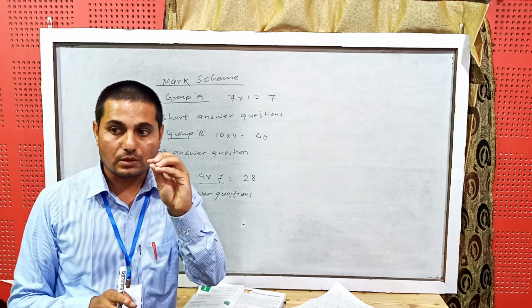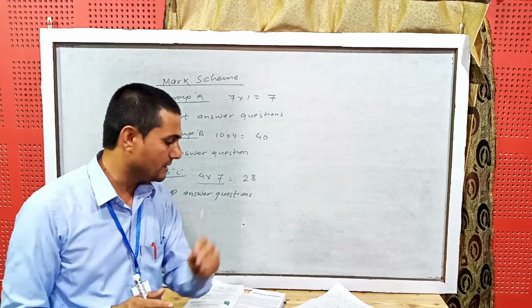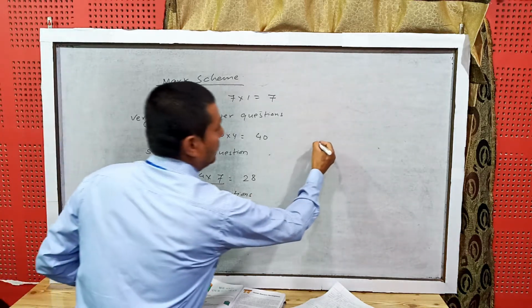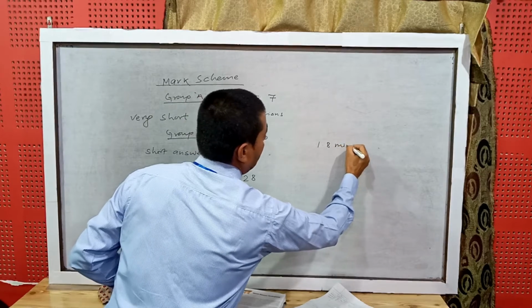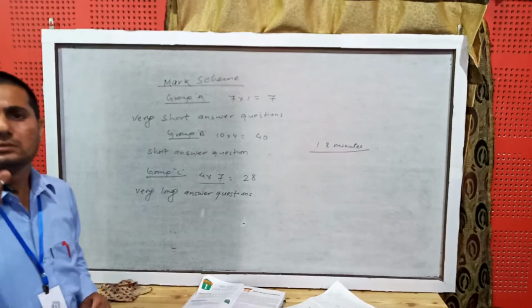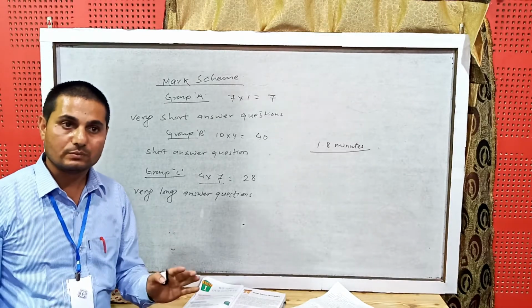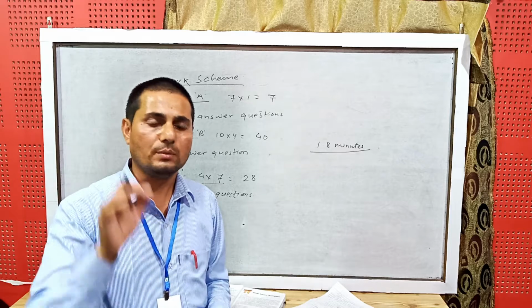You get 1.8 minutes for each mark. So you need to divide the time, and on the basis of the time you need to solve the answers.